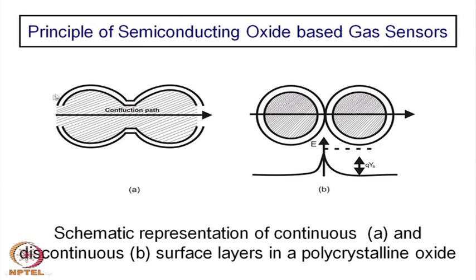So, it can be a continuous phase if there is no boundary, or even if there is a boundary, there may be another discontinuity here, but it may still be a continuous phase. Otherwise, if pores are there, then it can be a discontinuous phase. Okay. So, it does not matter whether it is continuous or discontinuous, there is a difference in conductivity, or the nature of conduction, between this layer and the bulk of the material. Okay. So, here this kind of barrier has been created because it is a discontinuous layer.